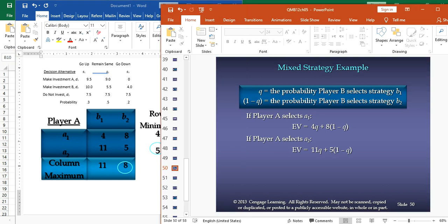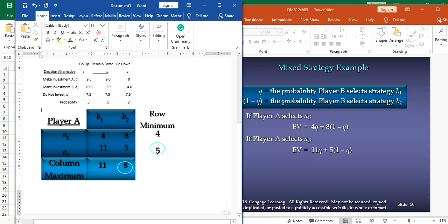Okay, if player A, sorry, I used to say 1, I don't know why, but when I was taking this course as a student, we used to have our examples in this way, that's why.